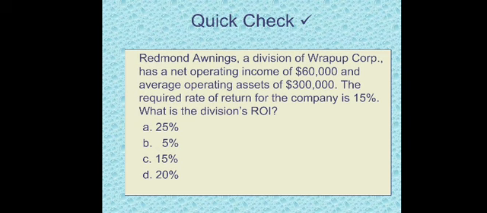Redmond Awnings, a division of Red Up Corporation, has a net operating income of 60,000 and average operating assets of 300,000. The required rate of return for the company is 15%. What is the division's ROI?